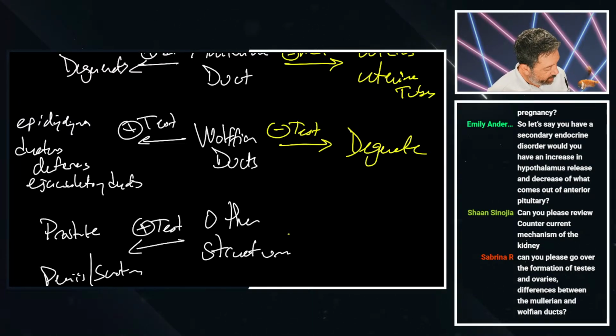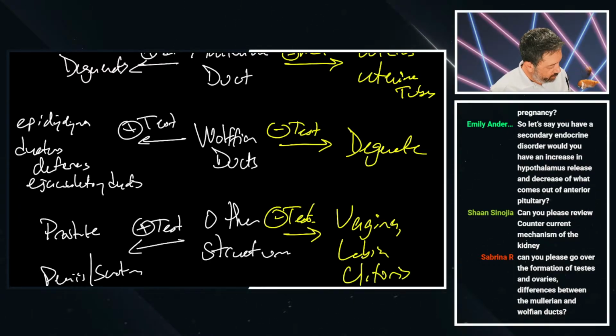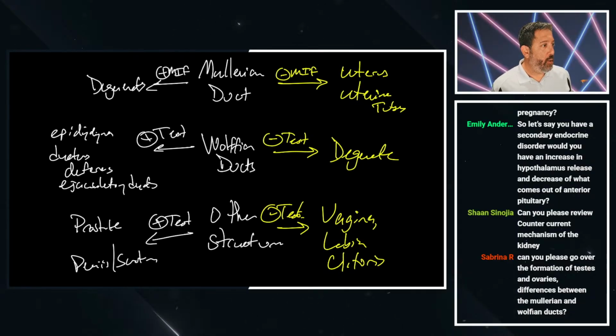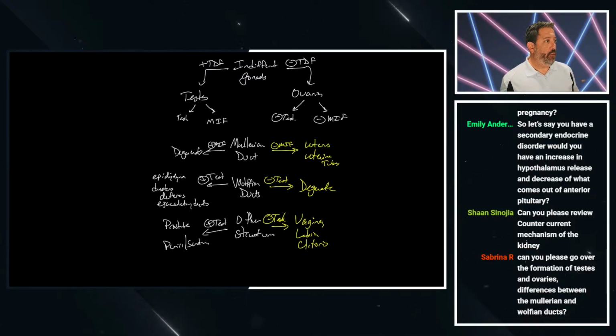On the female side, again, no testosterone, so those other structures will turn into the vagina, labia, and the clitoris. So that is essentially what happens for sexual differentiation in the presence of the testes determining factor, then the effect that that has on that Müllerian inhibition factor.